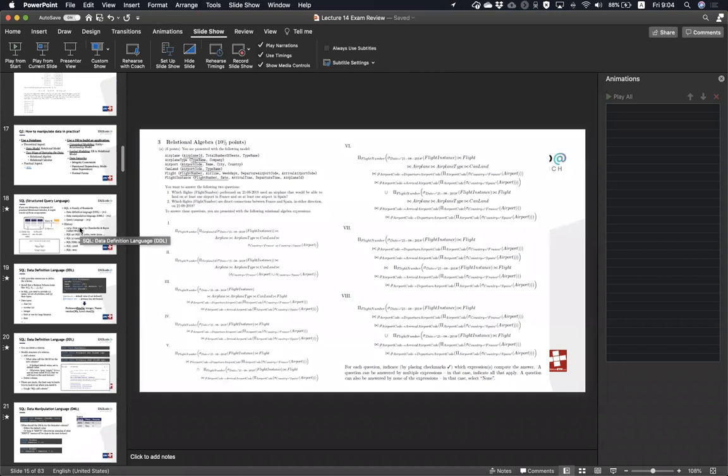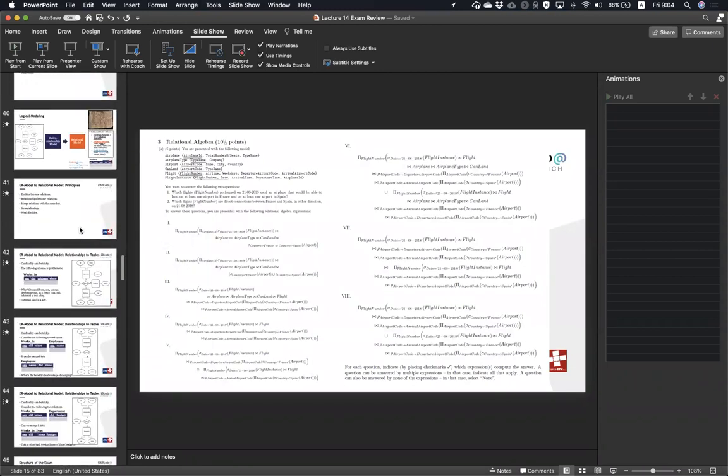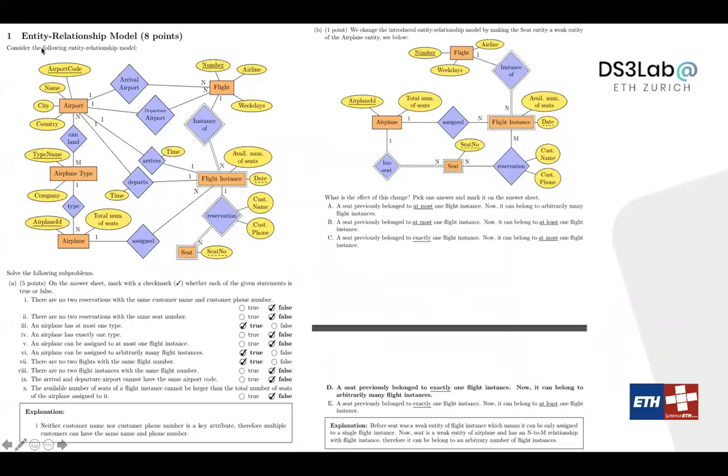Let me pull that out. Give me a minute. Oh, you mean the ER diagram with airplane? Yes, the entity relationship model. Sorry, I mixed them up. Yeah, go ahead.